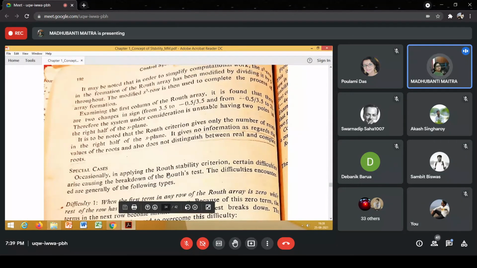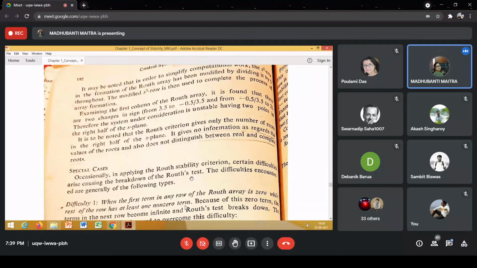Occasionally, in applying the Routh stability criterion, certain difficulties arise, causing the breakdown of Routh's test. So it's obvious that if we can't compute the complete Routh array or Routh table, then it will not be possible for us to apply the Routh stability criterion.